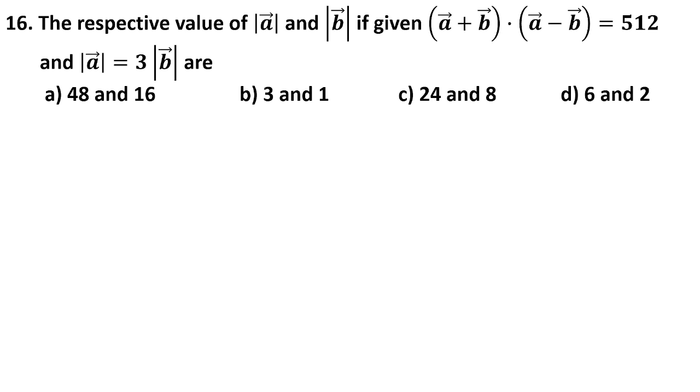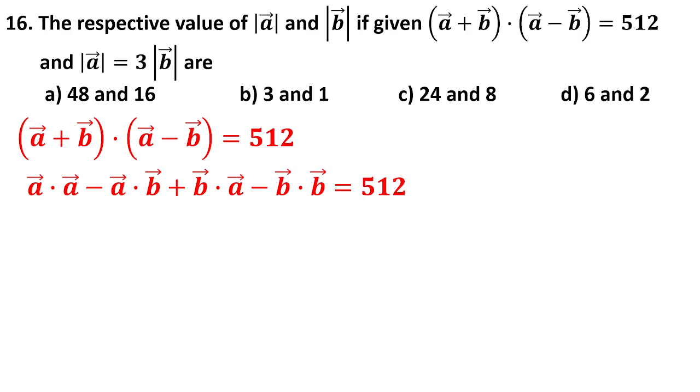Question number 16. You have been given that a plus b dot a minus b is 512 and you have to find the values of a and b. Let us find a plus b dot a minus b. Normal expansion: when I expand, I get a dot a, magnitude a square, and b dot b, magnitude b square. A dot b and b dot a will get cancelled.